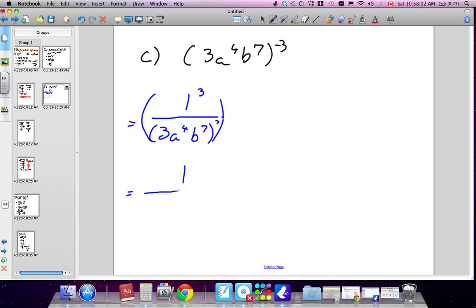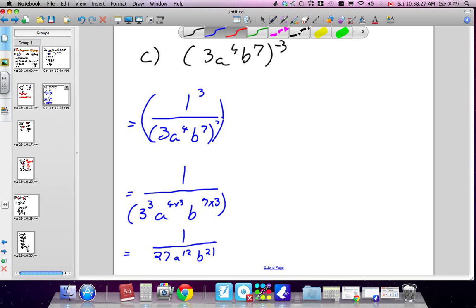No. It's just going to be 1, right? Then we distribute the 3 inside the brackets. So we get 3 to the power of 3, a 4 times 3. When we do power of a power, we multiply them. And b 7 times 3. Final answer is 1 over 27, a 12, b 21.